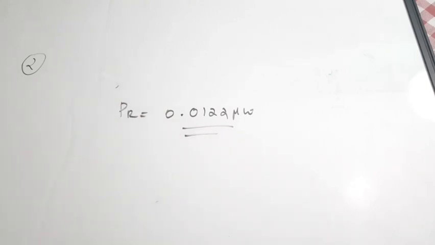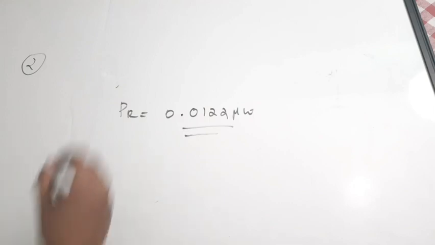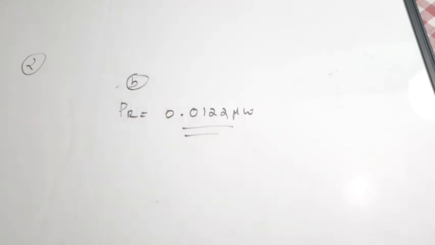PR is equal to 0.0122 microwatts. So the correct option is option B. Second question, correct answer is option B.